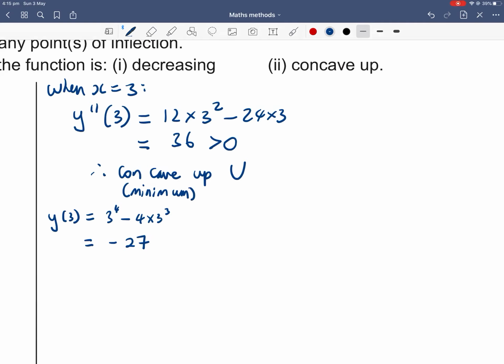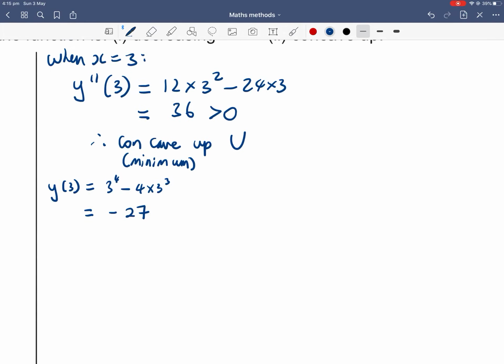Let me just triple check that in the calculator. 3 to the 4 minus 4 times 3 cubed does give us negative 27. So we can conclude that 3, negative 27 is a local minimum stationary point or turning point.